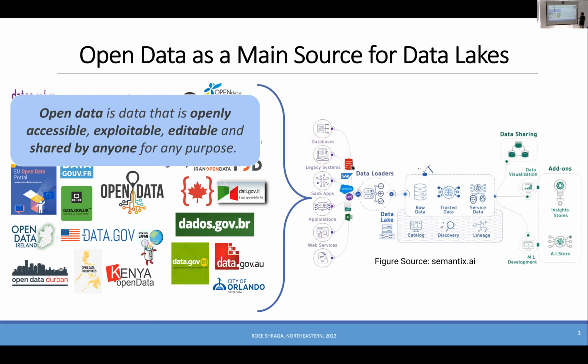And this open data is the main source of these concepts, as I referred to before, which are data lakes. The main idea is that such a data lake not only stores data and thinks about how and where to store the data, but also how to make sense of it in terms of discovering data, linkage of data, matching data, and so on.